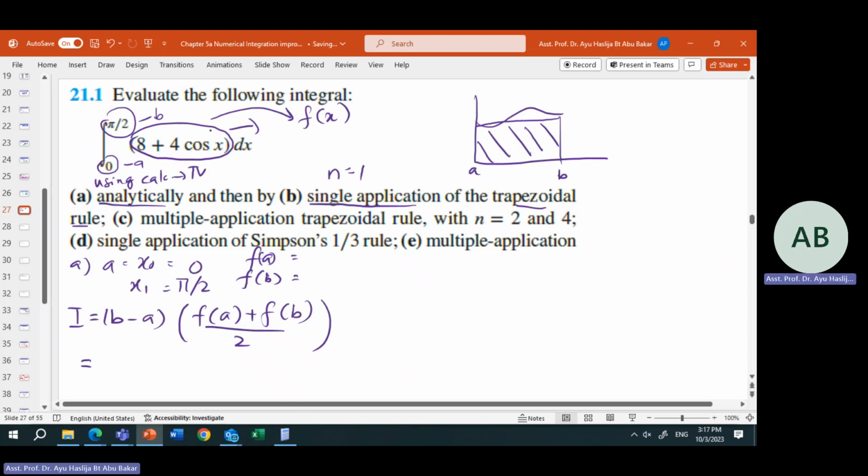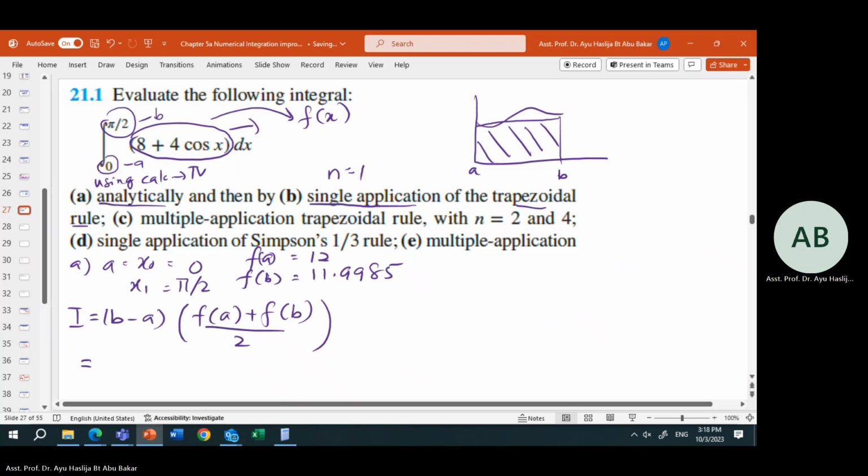Substituting 0, you get a value. f(a) should be 12, in radian mode, right? f(b): substitute pi over 2 for the x, so you will get 11.9985.